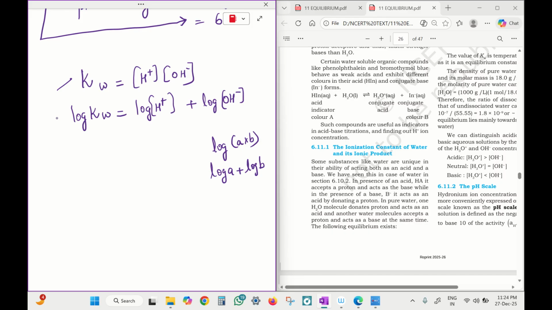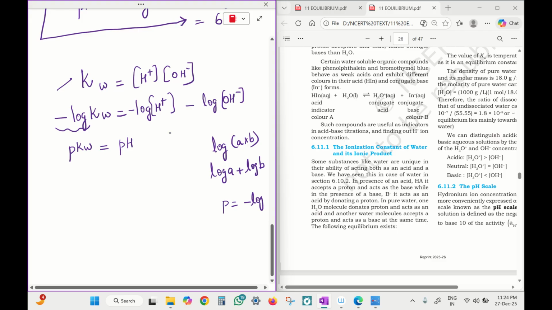Let us introduce a negative sign throughout. So when I introduce a negative sign throughout, I can put it as pKw. What is p? p generally refers to negative log. So pKw is equal to negative log of H+, which is nothing but pH, plus negative log of OH-, that means pOH.